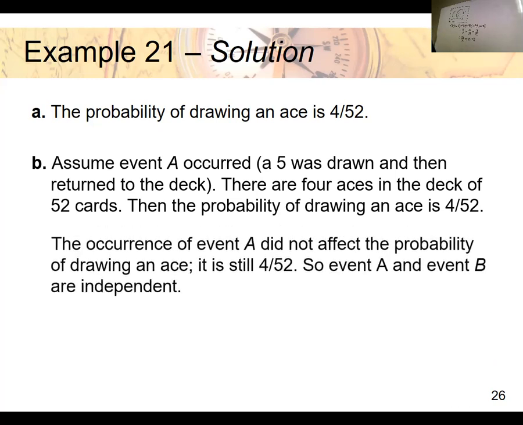Drawing a 5 didn't affect the probability of drawing an ace. So event A and event B are independent. Usually, something with replacement, meaning you draw a card the first time, put it back in the deck, and then draw another card, is considered to be independent.